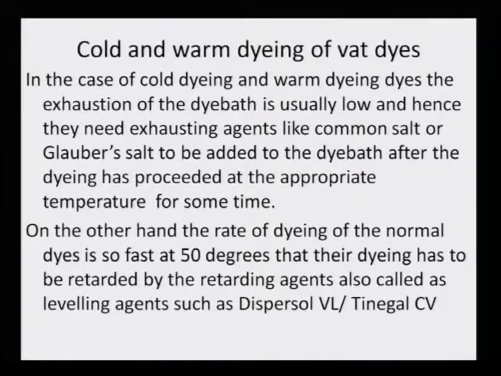Cold and warm dyeing of the vat dyes. In the case of cold dyeing and warm dyeing dyes, the exhaustion of the dye bath is usually low and hence they need exhausting agents like common salt and Glauber salt to be added to the dye bath after the dyeing has proceeded at the appropriate temperature for some time.